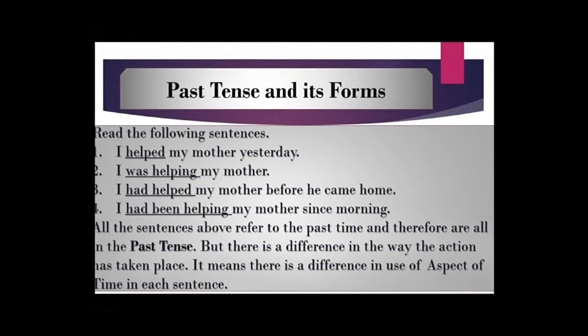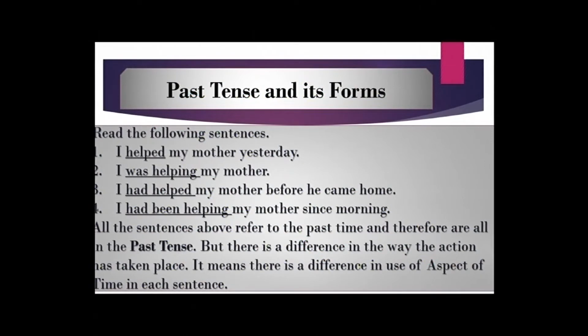Second sentence, I was helping my mother. We have used was as helping verb, and with was we have used help, first form of verb, with ing. In the third sentence, I had helped my mother before he came. We have used had with the third form of the verb help, that is helped.